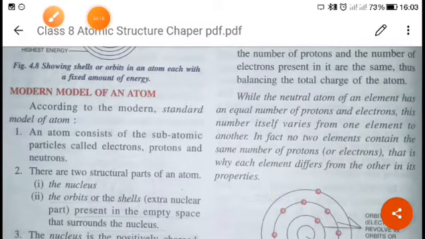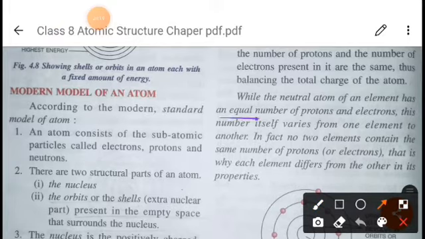Now next, when we talk about the neutral atom of an element, we have seen that it has an equal number of protons and electrons, right?